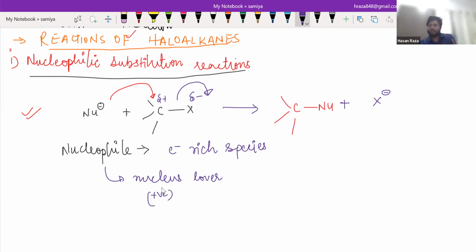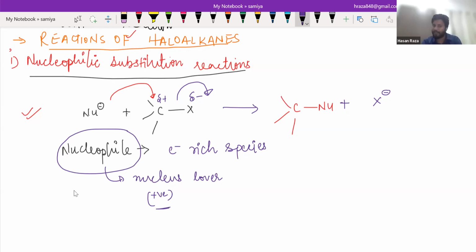Whenever there is a positive charge on carbon, that carbocation will be electron deficient. Since a nucleophile is an electron rich compound, it can satisfy that carbocation by donating some electrons, and the carbocation will now be neutral. Neutrality is stability, basically.